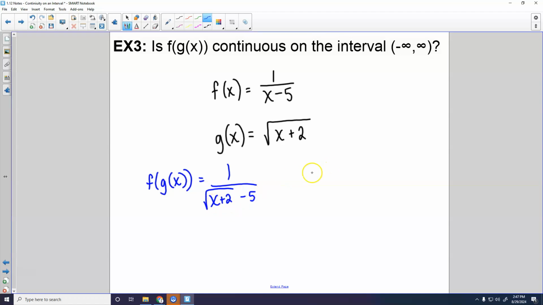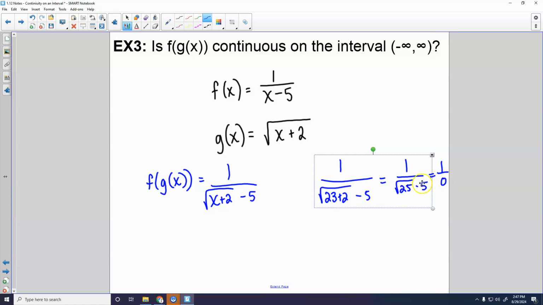Okay, so at 23, you would get 1 over the square root of 23 plus 2, minus 5. That would be 1 over the square root of 25 minus 5. That would be 1 over 5 minus 5, which is 0, right? Discontinuous there.